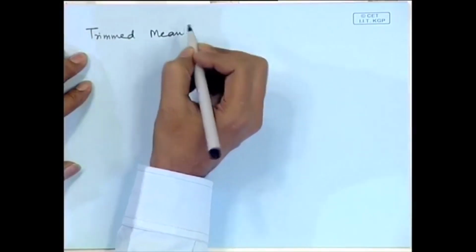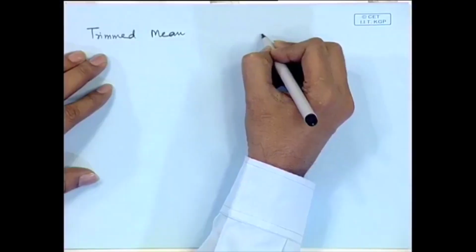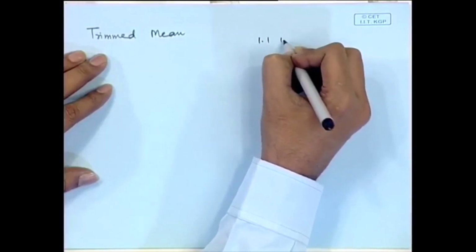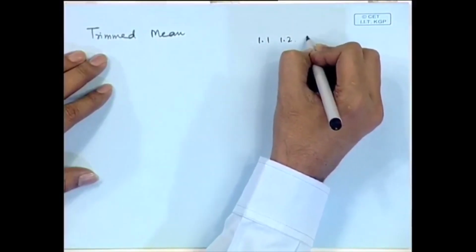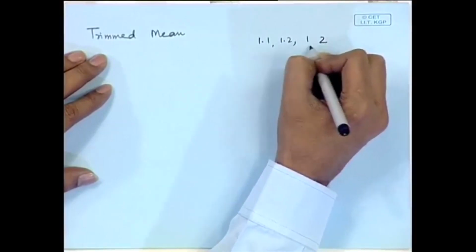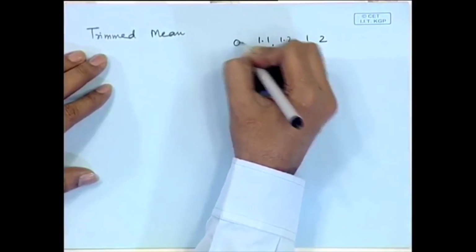Another option is that the highest and the lowest values are brought to the next lowest or next highest. For example, suppose I write 5 values: 1.1, 1.2, and, say, 1, and another value, say, 2, and one value, say, 0.